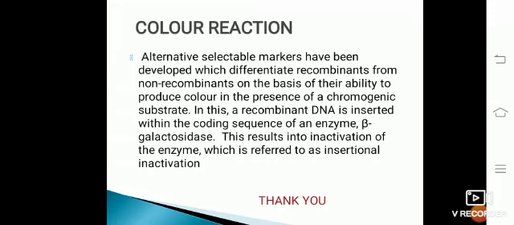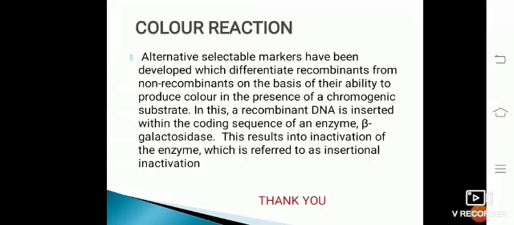Now, some questions you have to do at home. Can you think and answer how a reporter enzyme can be used to monitor transformation of a host cell by foreign DNA, in addition to a selectable marker? Distinguish between plasmid DNA and chromosomal DNA. Both are double stranded DNA, but what is the work of plasmid DNA and chromosomal DNA?